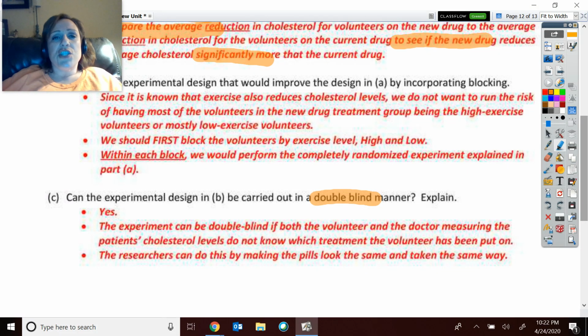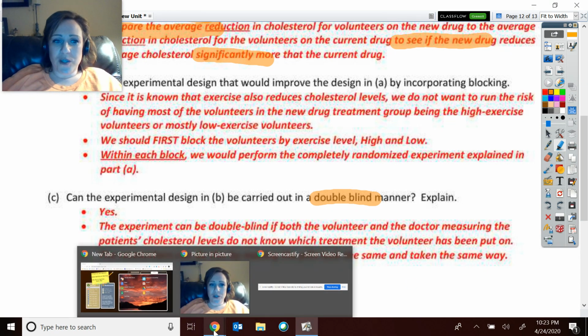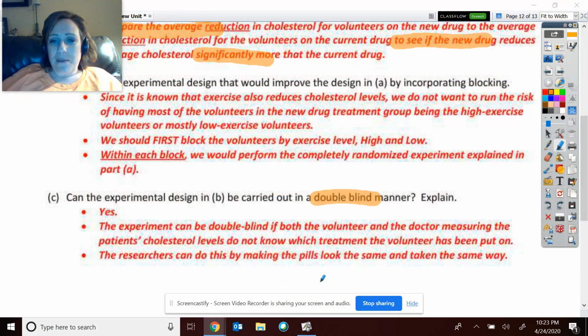So I want you to read through those problems so that you have a clear understanding of how to answer these questions, so that it is clear you understand experimental design and sampling methods in the context of the problems. Thank you very much for these, and I hope this helps you when you do your AP questions.